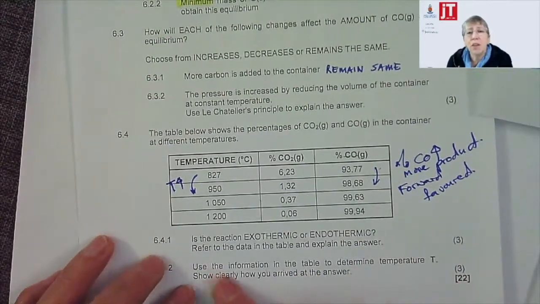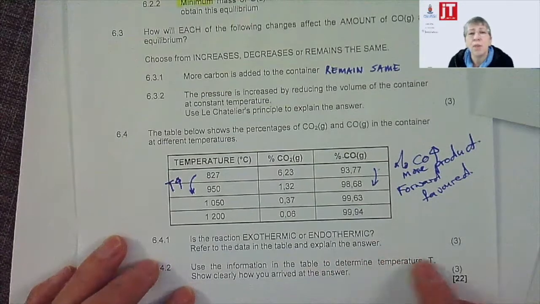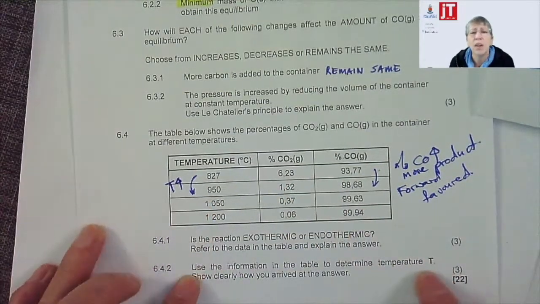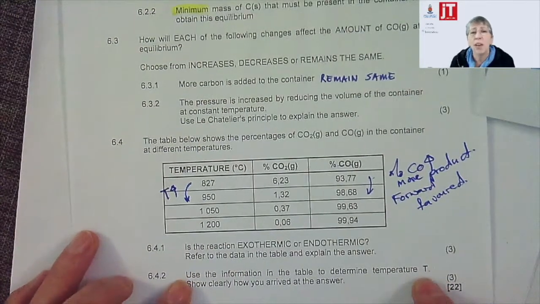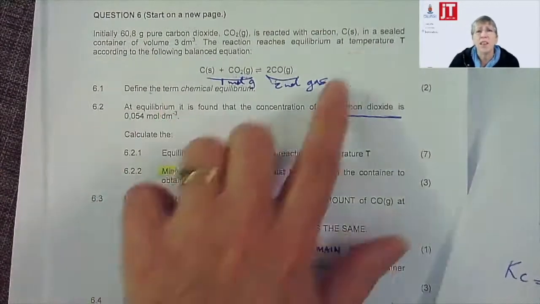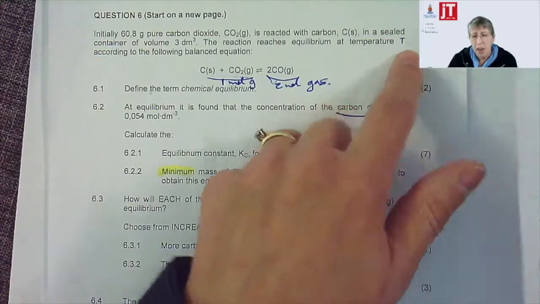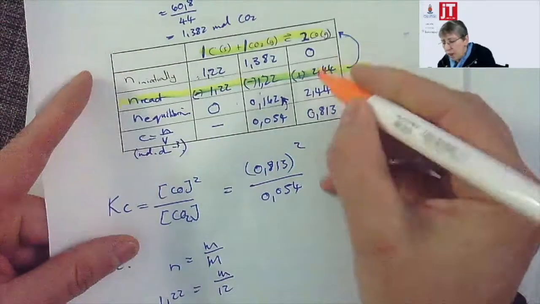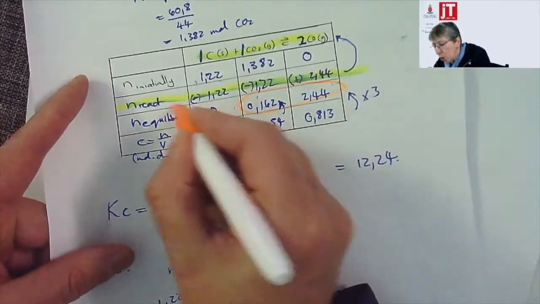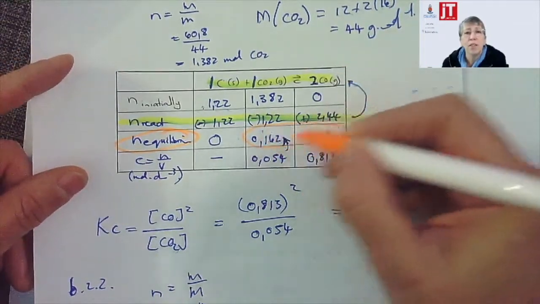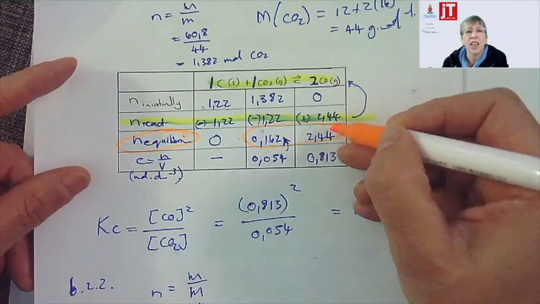Right, next one. Use the information in the table to determine the temperature T. Right, so what can we get from this? Now, what do I already know about T? I already know at T, that is when I did my reaction up there, right? That was at a temperature T. So when I have equilibrium, I already know how many moles of CO2 and CO were in the container at equilibrium.